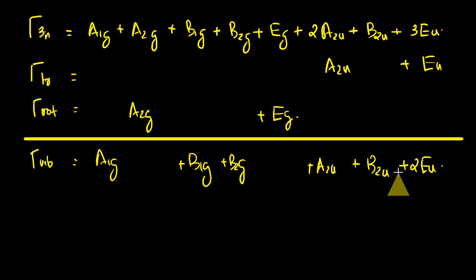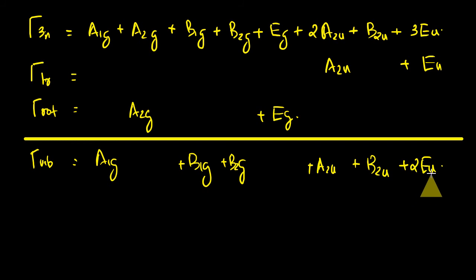These are the total character set corresponding to vibrational degrees of freedom, or the symmetry species contributing to the total character corresponding to the vibrational degrees of freedom. A1g contributes one time, B1g one time, B2g one time, A2u one time, B2u one time, and Eu contributes 2 times.